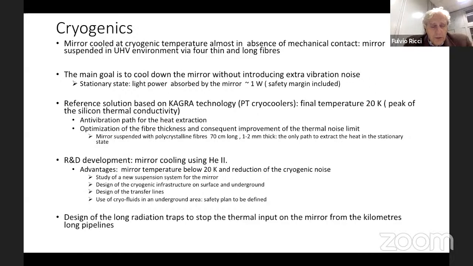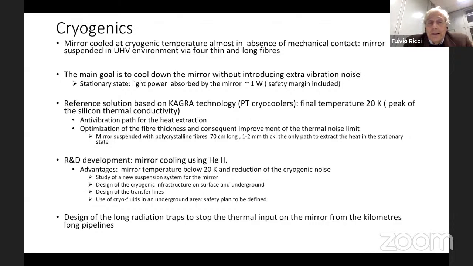The extraction of the refrigeration power should be mainly done through the 4 suspension wires, the 4 suspension fibers, that must be relatively thin, because otherwise we can spoil the dilution factor for the thermal noise.